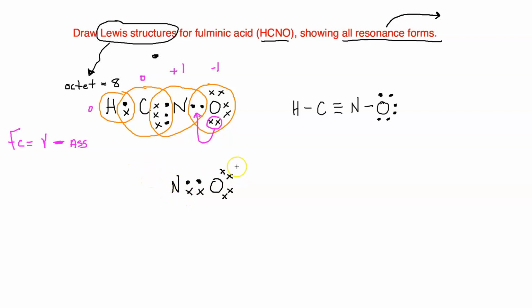By drawing that orange circle, you can see clearly that oxygen still has its 8. But what it's going to mess up is this nitrogen circle of 8. It's now going to have 10 electrons if I keep a double bond and triple bond on this side. So if I maintain the triple bond, nitrogen will have 10 electrons.